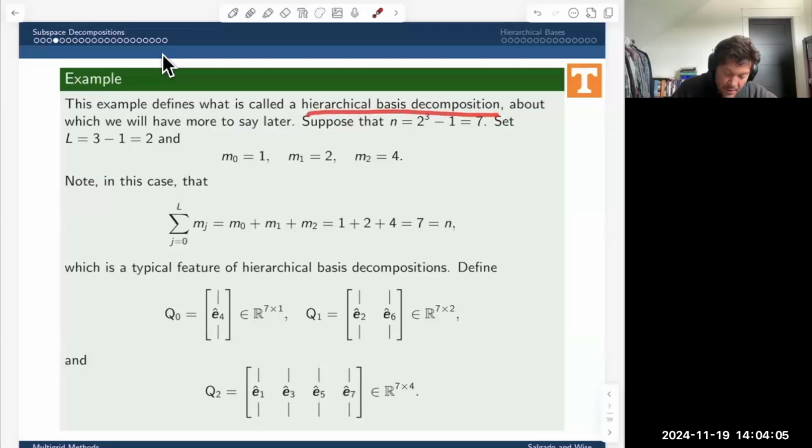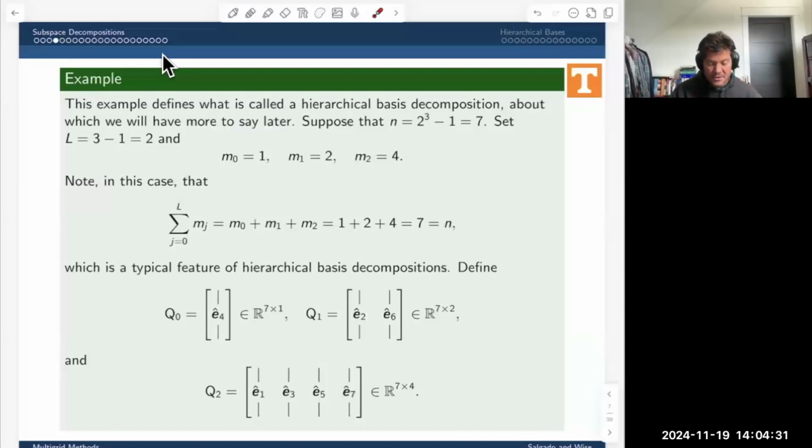We're going to try to decompose, again, Rn in a bunch of ways. Now, in this case, n is equal to 7. And we're going to think about 7 as being 2 to the third power, of course, that's 8, minus 1. That gives 7. This is reminiscent of what we were looking at in chapter 3, the dimension of the spaces when we were looking at the finite element spaces in one dimension.